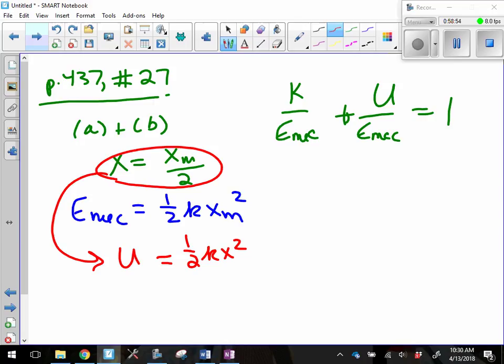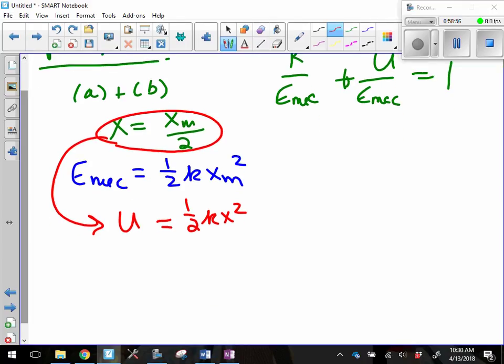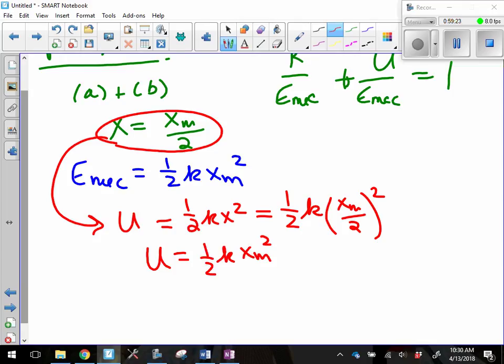And I know what x is. So my x is xm over 2, but remember that you have to square the whole fraction there. So that's going to give me 1/2 k xm squared over 4, or 1/8 k xm squared.